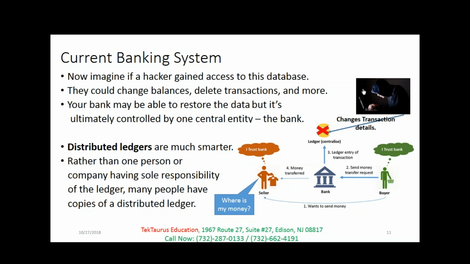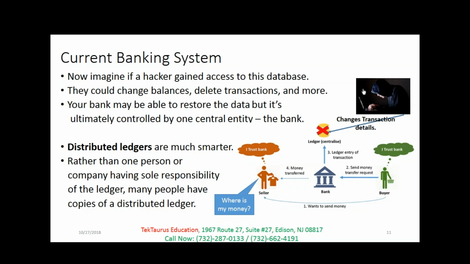Banks can restore the data, but it is ultimately controlled by a central entity, the bank. You need to request the bank to please restore it. Suppose the bank is not able to restore it, then what will you do? Everybody is dependent on the bank's capability.